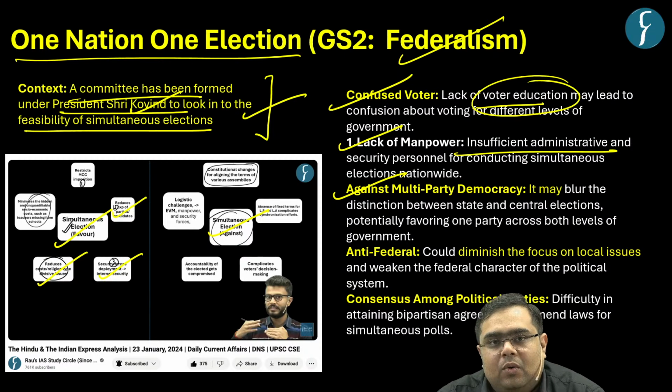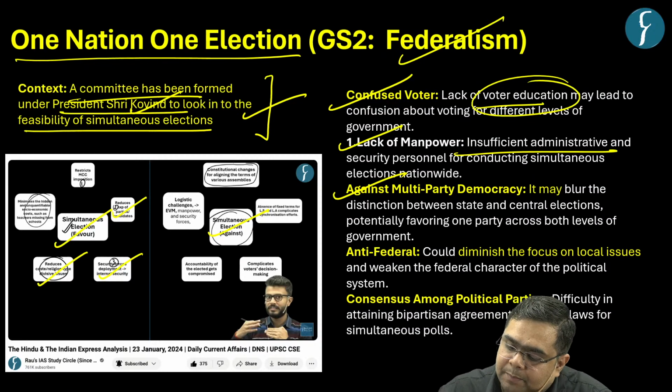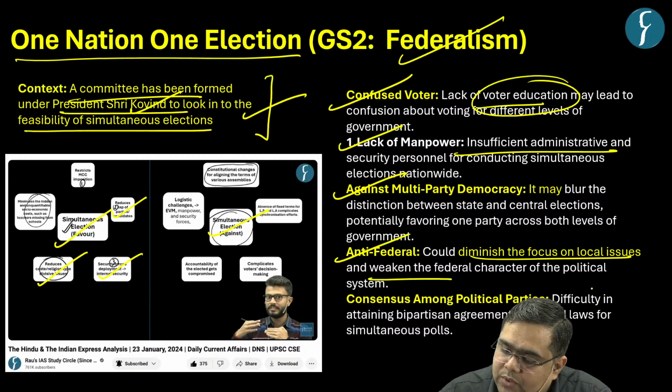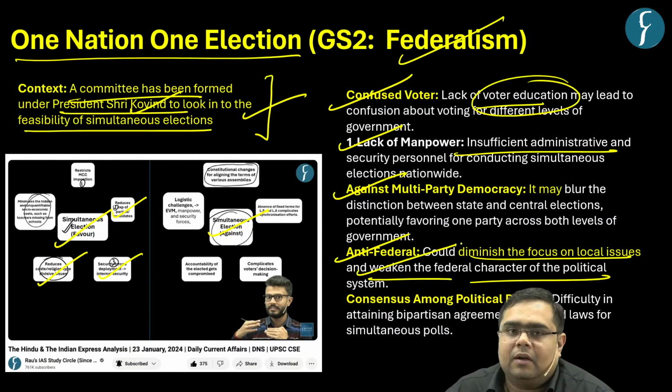So it again goes against the spirit, and obviously in these kind of big games, it will lead to either a one party system or a two party system, and smaller parties are bound to lose in the race with the mammoths, right? Giants. Anti-federal. It could diminish the focus on local issues and weaken federal character.